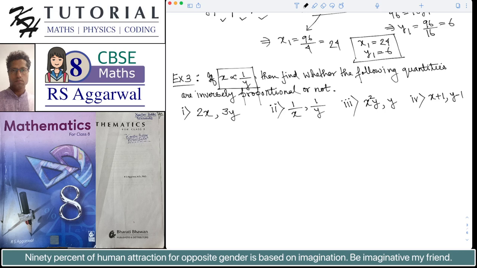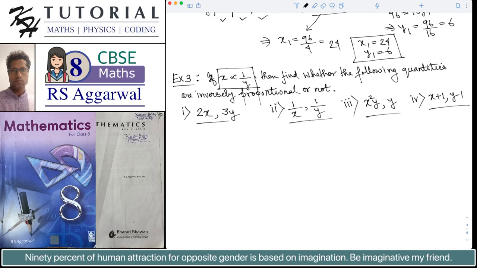The quantities are 2x and 3y; 1 by x and 1 by y; x square and y; and x plus y and y, and x plus 1 and y minus 1.